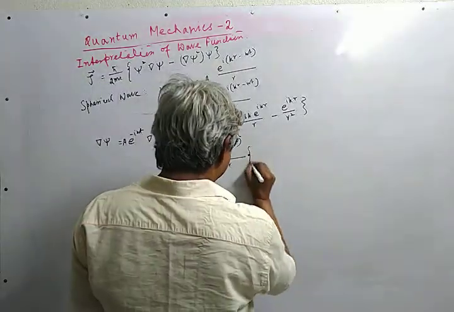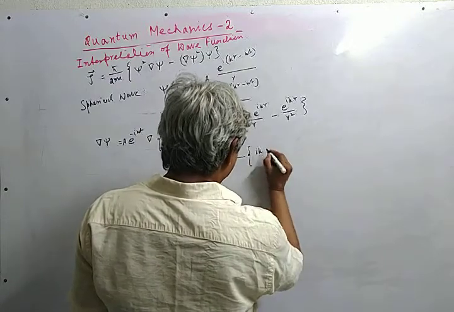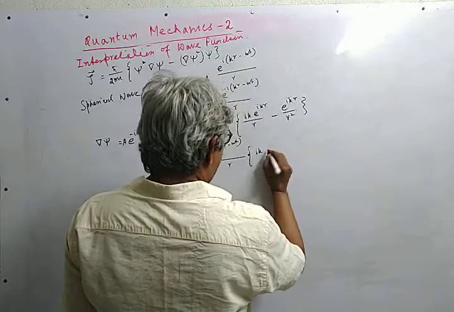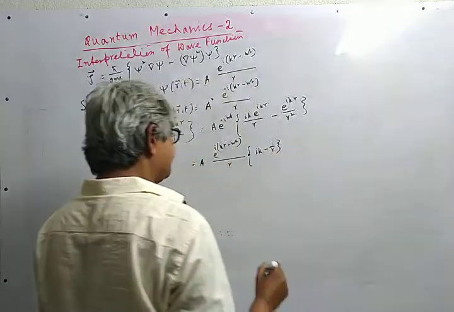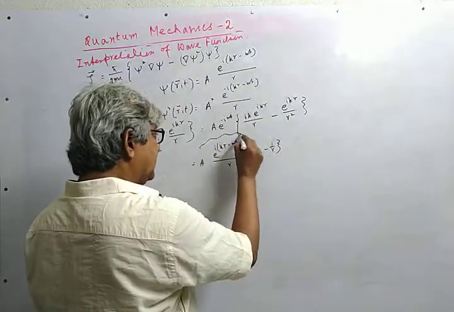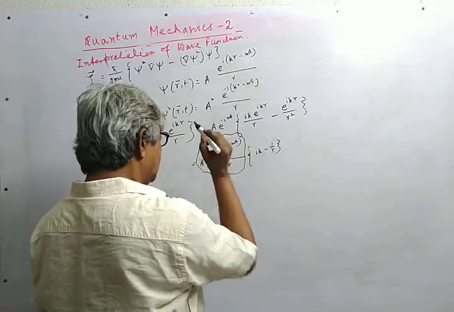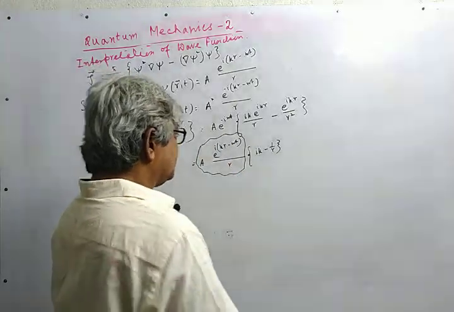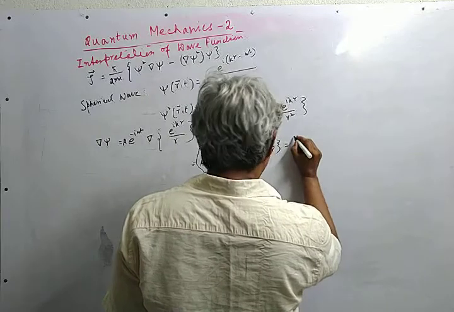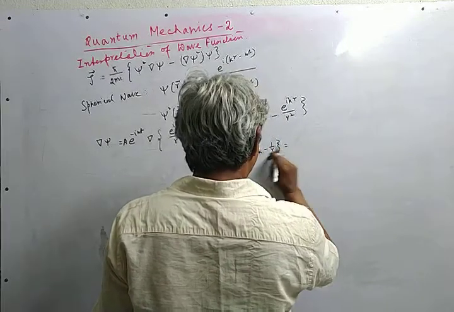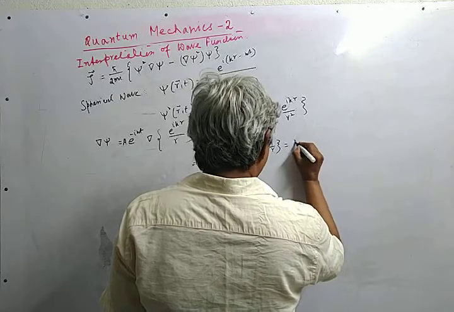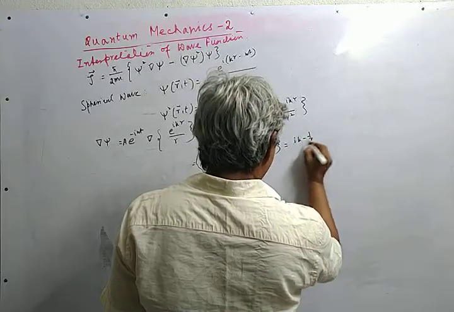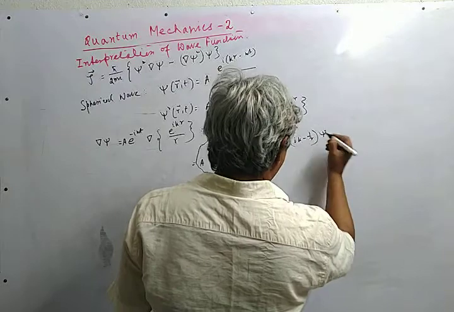From this part I get simply ik, and from this minus 1 by r. This part is psi, and so we write it as (ik minus 1 by r) psi of r, t.